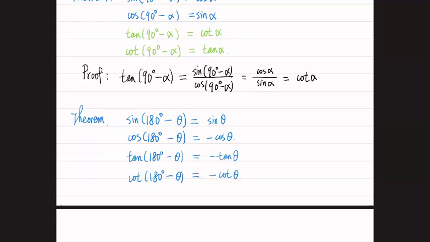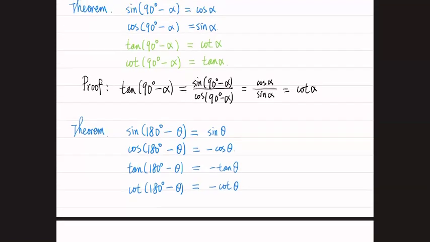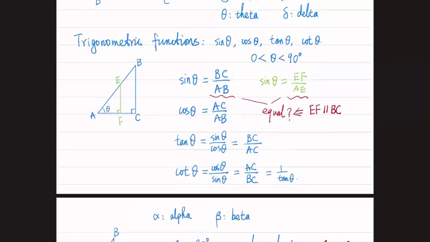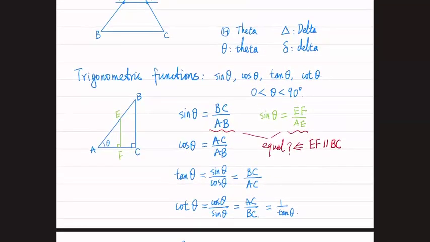Which line of the triangle is the tan exactly? Okay, so if we go to the definition, tangent will be the opposite BC over the neighboring. Cotangent is the flip, neighboring over the opposite.